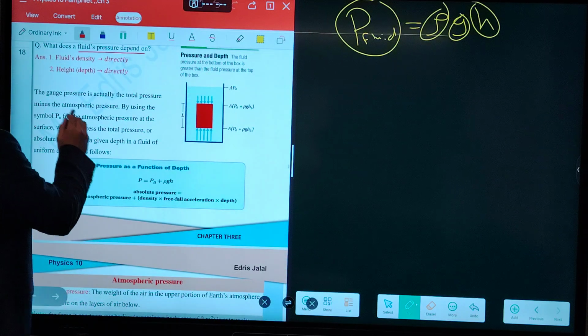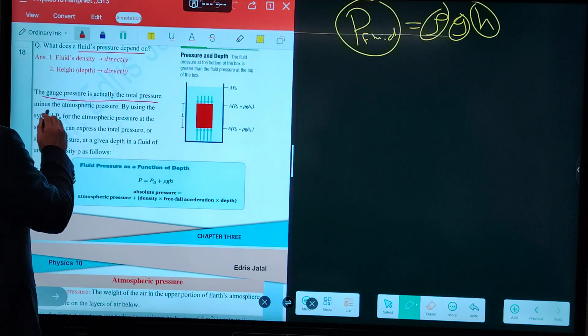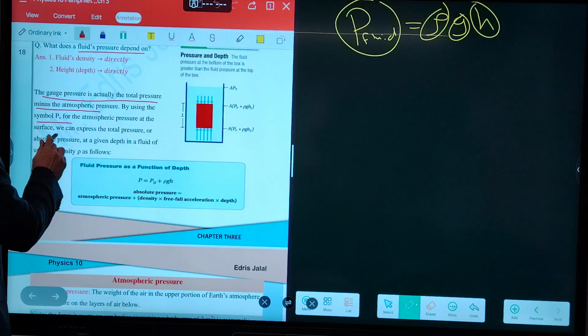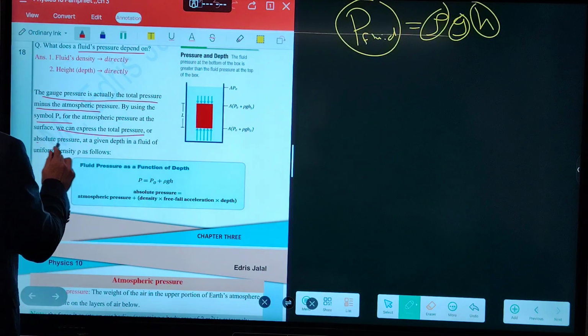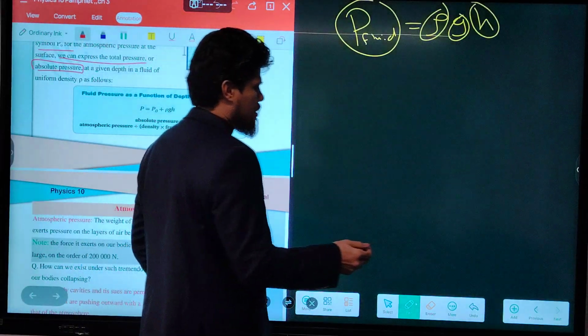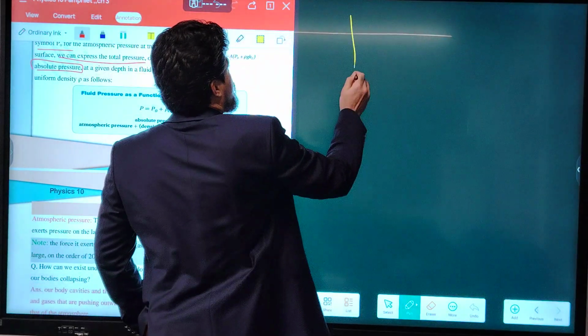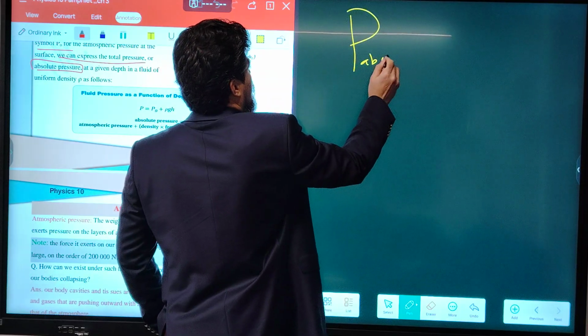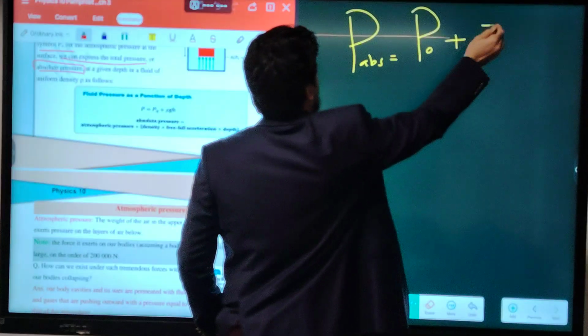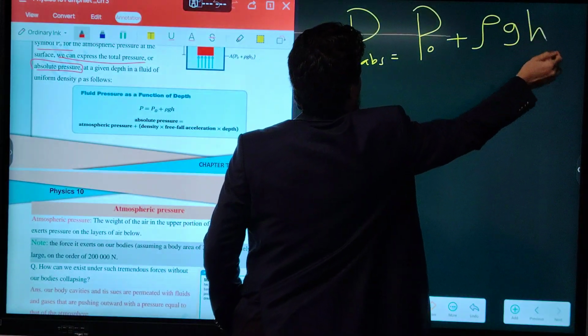Gauge pressure is actually the total pressure minus the atmospheric pressure. By using the symbol P naught for the atmospheric pressure at the surface, we can express the total pressure, absolute pressure. How can you determine the absolute pressure? Total pressure is equal to P atmospheric plus rho g h.